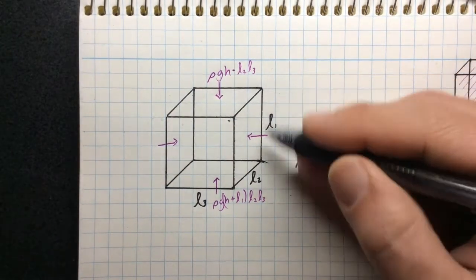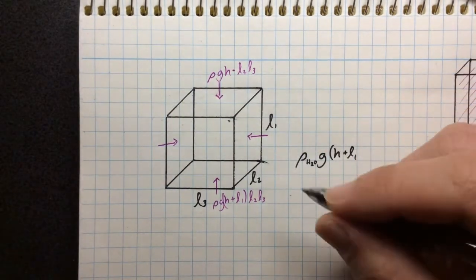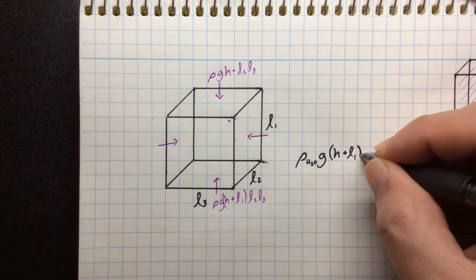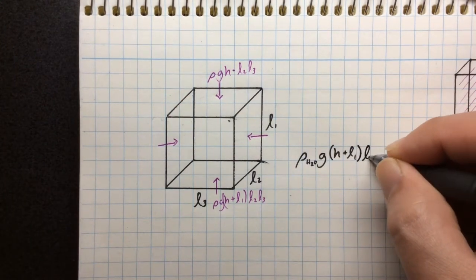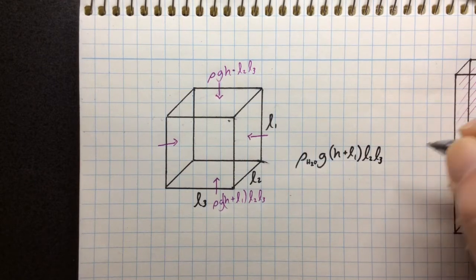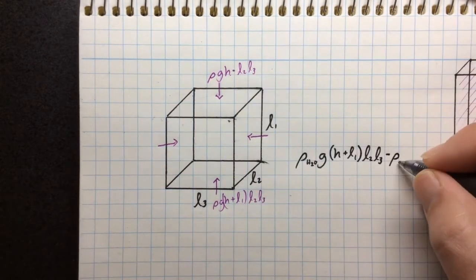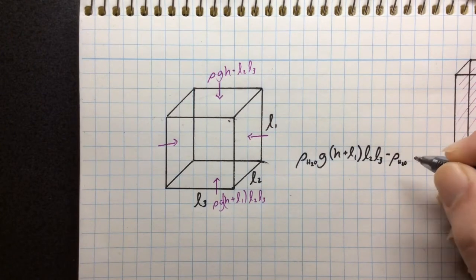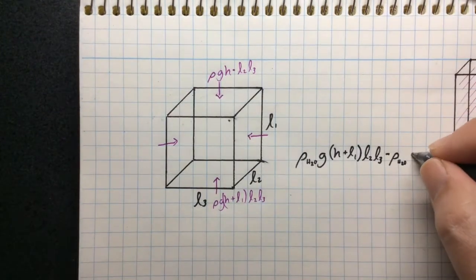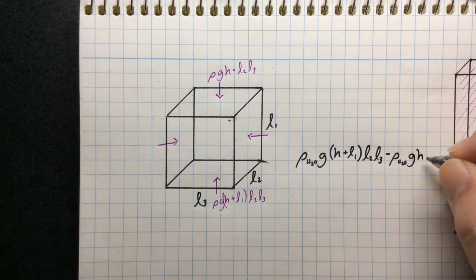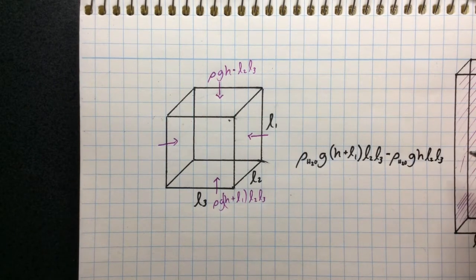This is the height of this cube or the height of this rectangular prism, whatever it might be. I'll call it L1, and that's multiplied by L2 and L3. We're going to subtract the force pointing downward on this thing, and that's due to the water that's on top of this whole thing, rho g h, and that's multiplied by L2 and L3 as well.